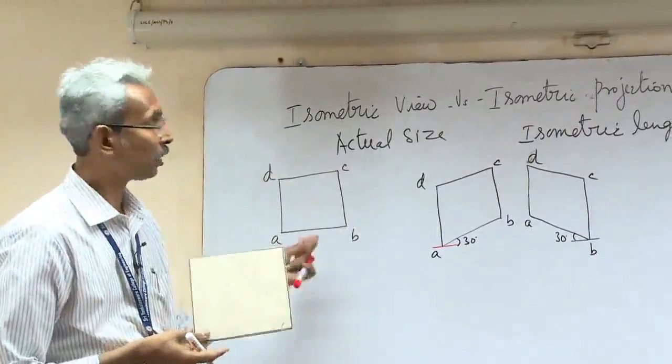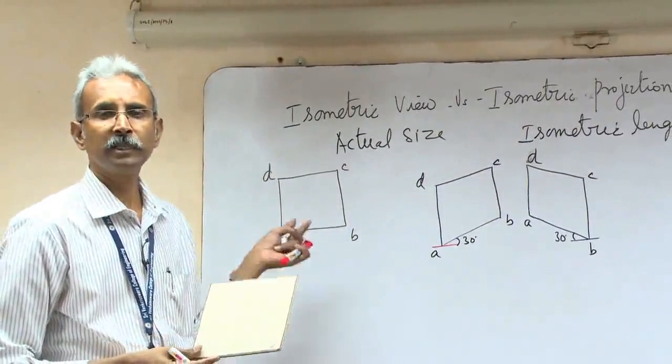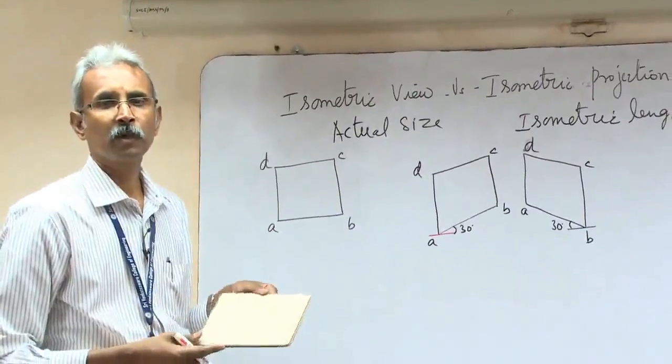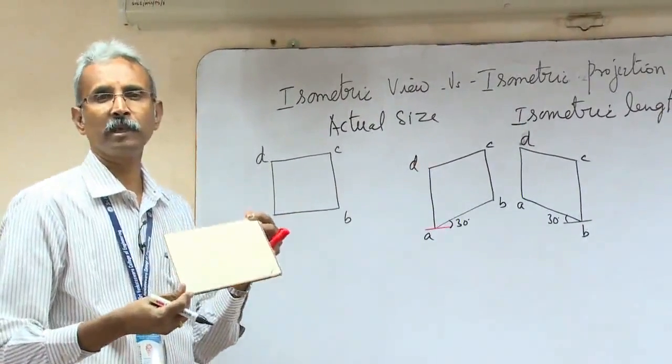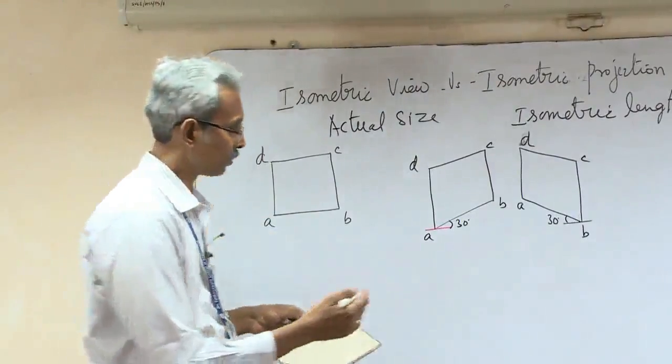The next is the top view of this. So obviously the top view of this will be a rhombus because when I tilt it like this, it will become a rhombus. So how do we draw a rhombus?